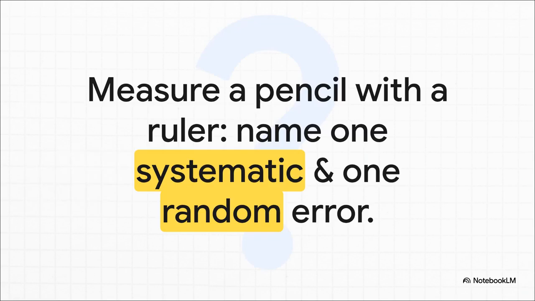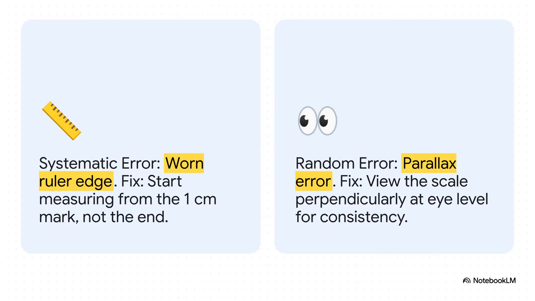Okay, let's step back from the numbers for a second and think conceptually. Imagine a super simple task, measuring a pencil with a plain old ruler. Can you think of one possible systematic error and one possible random error that could happen? And more importantly, what could you do to reduce them? These are perfect answers. For a systematic error, a really common one is a worn-down end of the ruler.